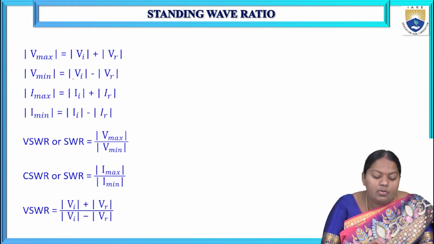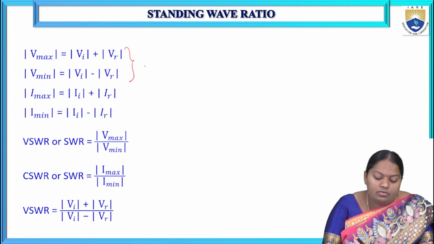V max is given by Vi plus Vr, and V minimum is given by Vi minus Vr, where i and r stand for incident and reflected waves.